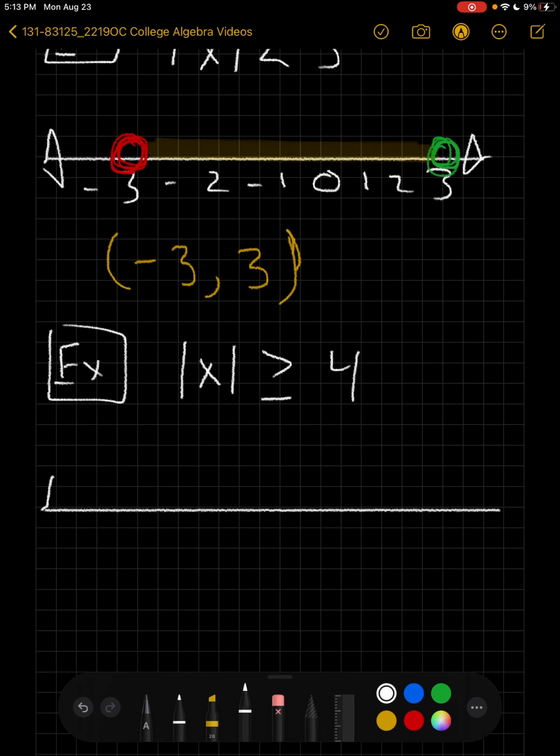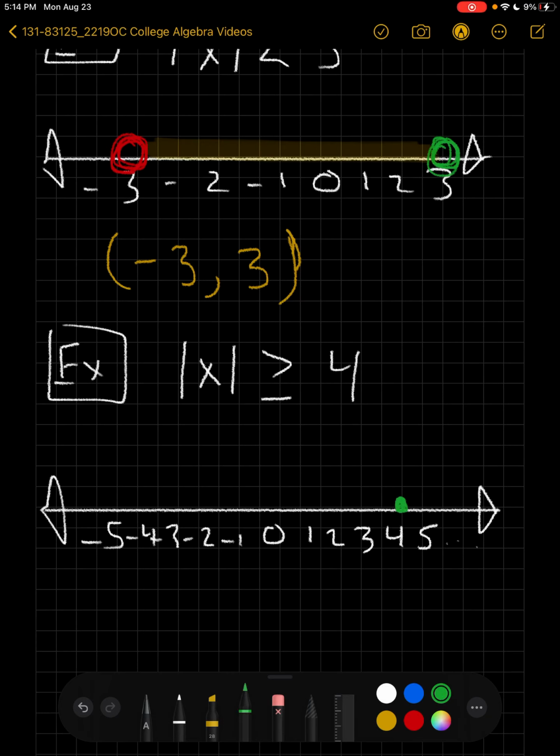So looking at our number line, we have 0, 1, 2, 3, 4, 5, and so off towards infinity. -1, -2, -3, -4, and -5, and so off towards infinity. And I know that I'm looking for things that are farther away from 0 than 4.